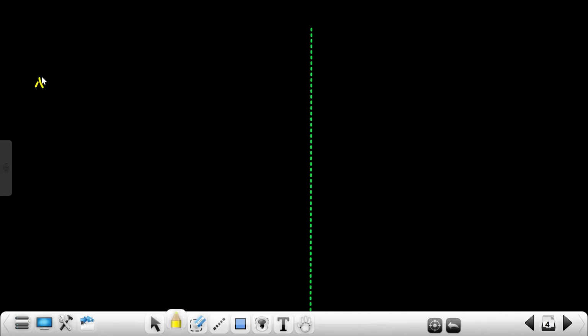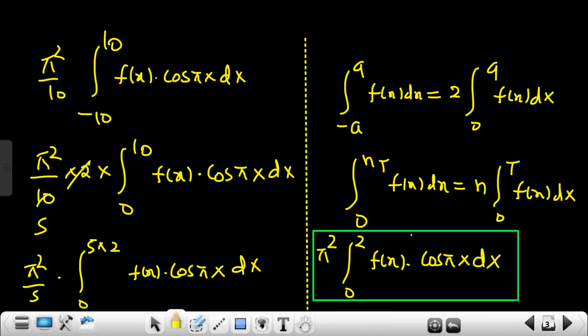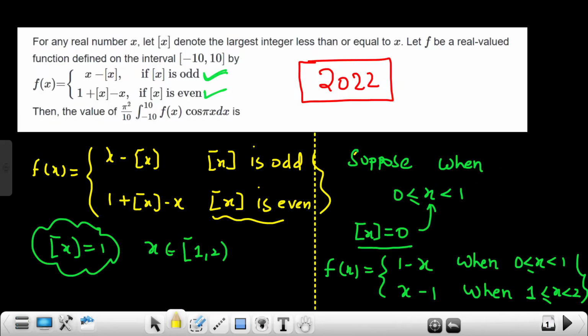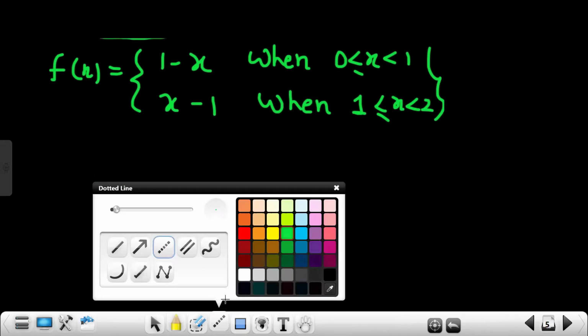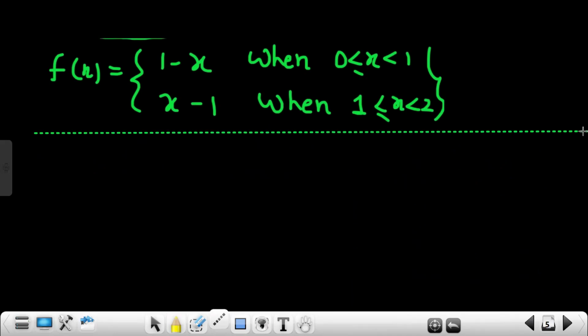So we have to find the value of pi square times the integral from 0 to 2 of f(x) into cos pi x dx. I hope this is clear up to this. So see, we calculated this some minutes ago, so we are going to use this definition.